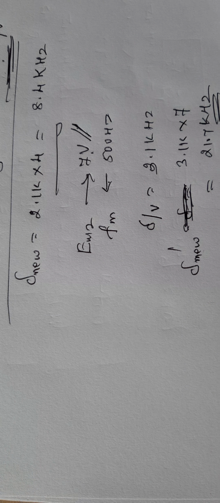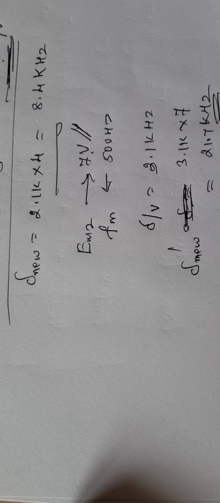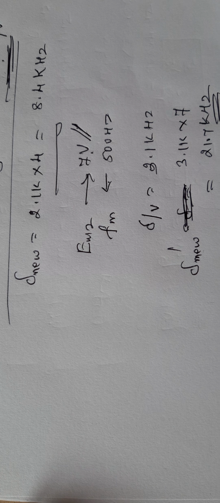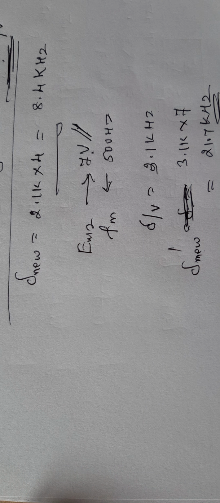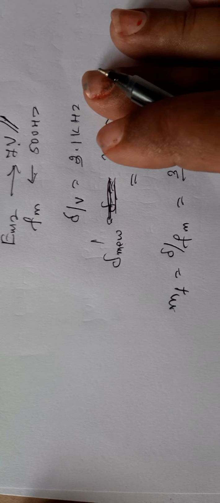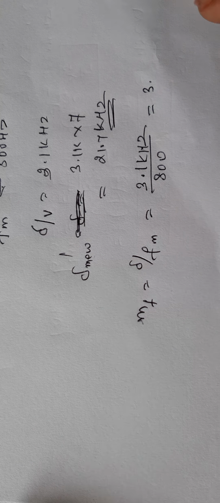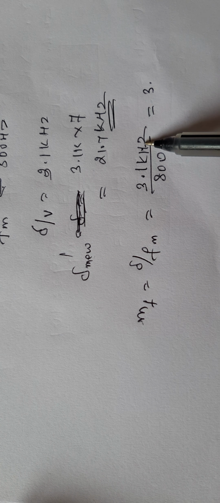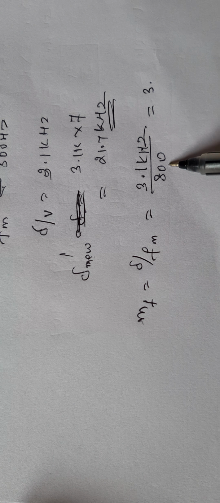On calculating this, you will get 3100 divided by 800 is 3.875. It is 3.1 kilohertz for the first deviation, 800 is the hertz.